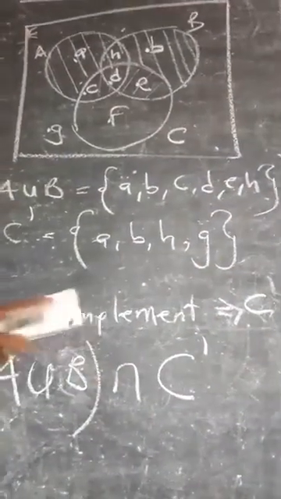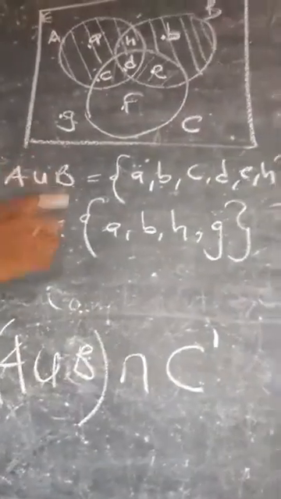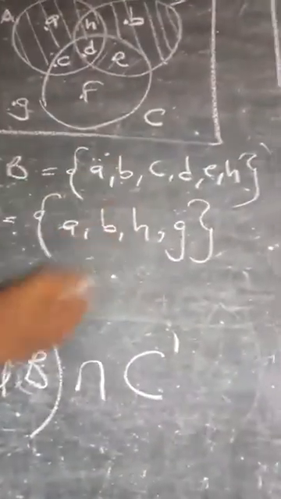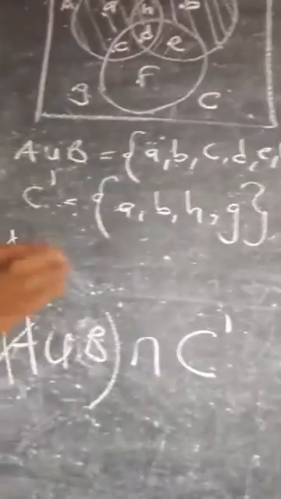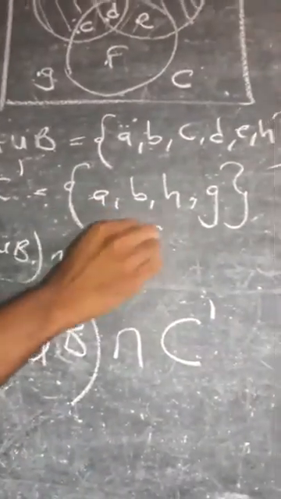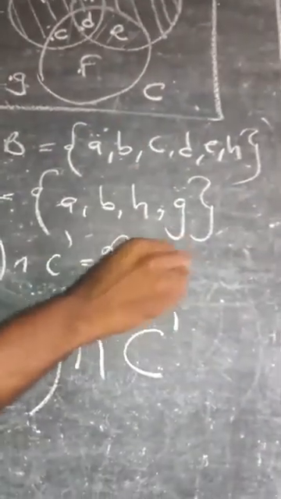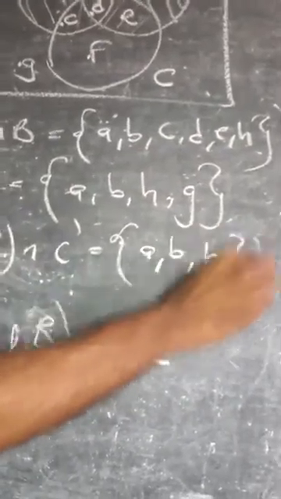Now, if we say A union B intersection C complement, that means what is found in both sets. So A union B intersection C complement, what we have is A is common, B is common, H is common.